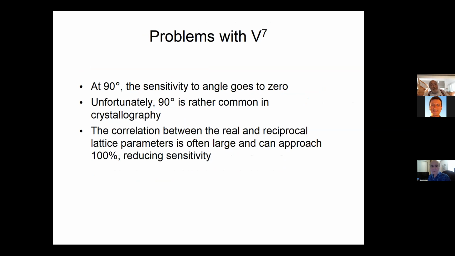At 90 degrees, the sensitivity goes to 0. The sensitivity to angle change. Unfortunately, there's a lot of 90 degrees in crystallography. The correlation between the real and the reciprocal lattice parameters is often large, and it can approach 100%, especially in the 90-degree range.